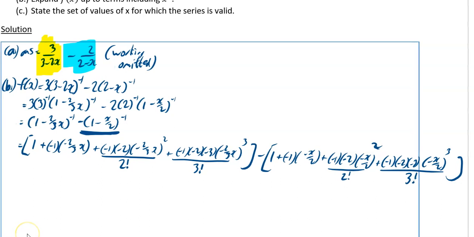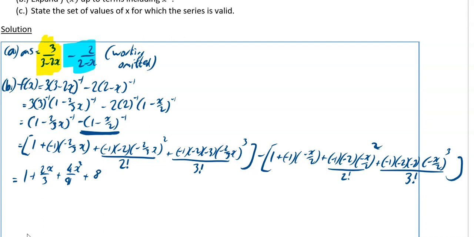So when we tidy that all up, what you will get is going to be 1 plus 2x over 3, and then the next one is going to be plus 4x squared over 9.